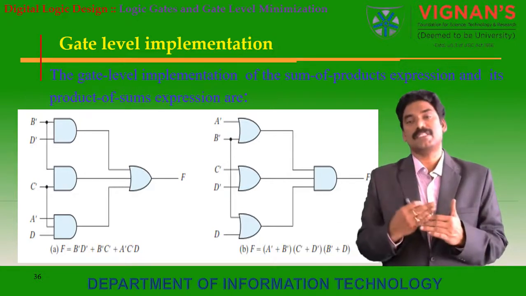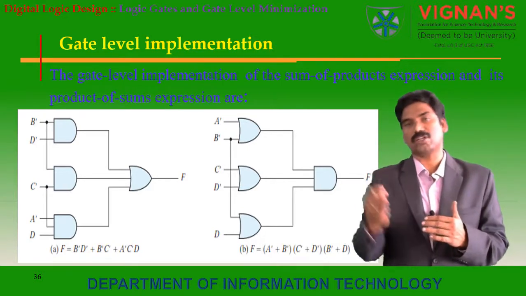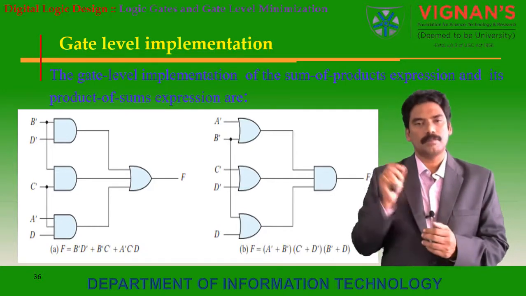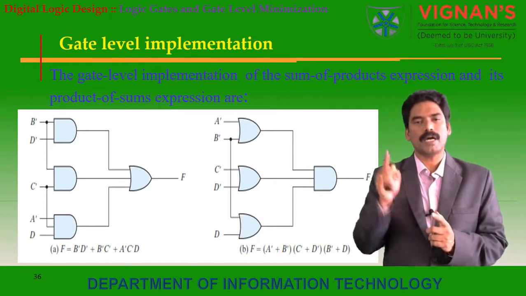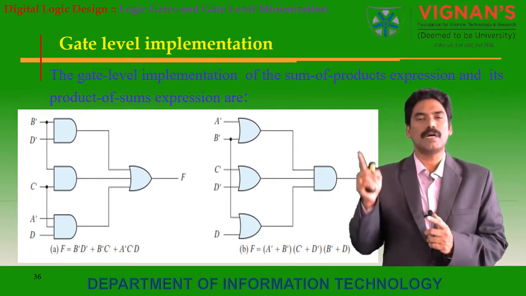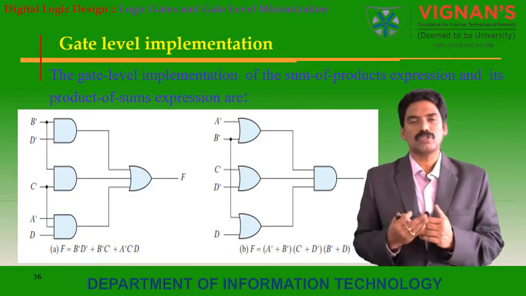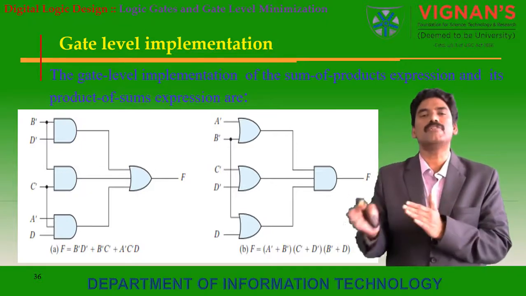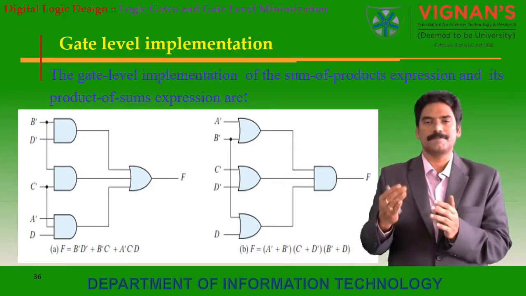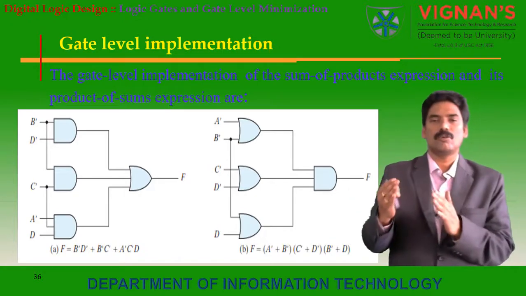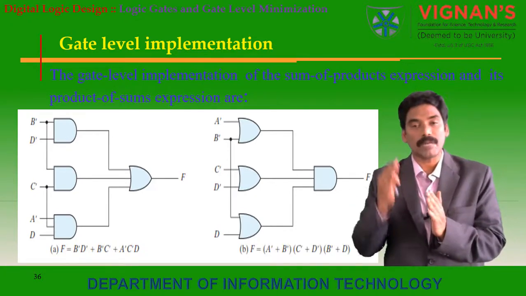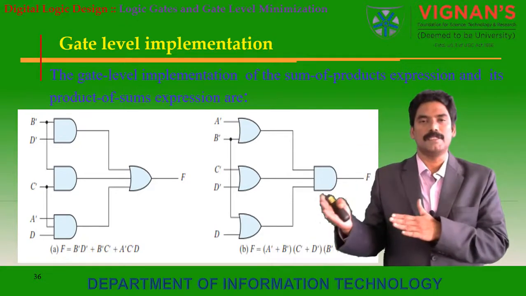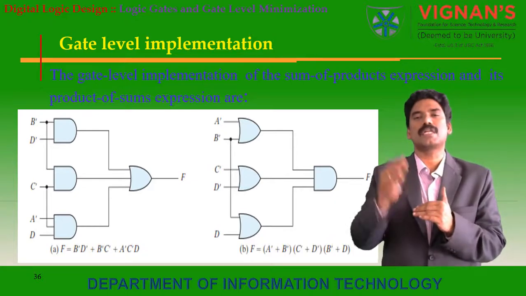For the sum of products expression f is equal to b bar d bar plus b bar c bar plus a bar c bar d, we need 3 AND gates for these three terms and 1 OR gate for combining. For the product of sums expression, f is equal to (a bar plus b bar) (c bar plus d bar) (b bar plus d), we need 3 OR gates and 1 AND gate.